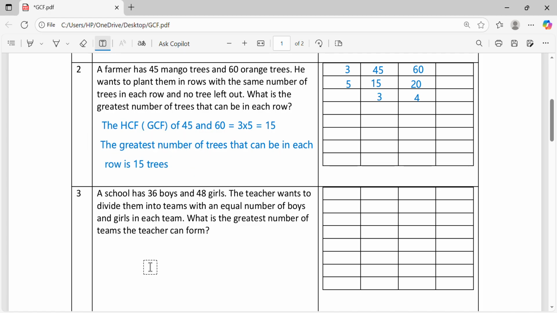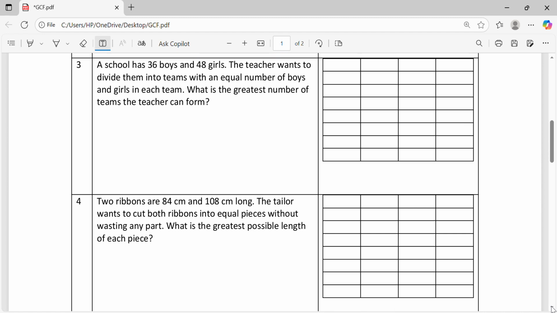Good. That is the answer. Let's try to move down to question number 3.